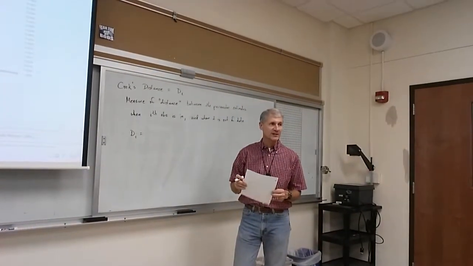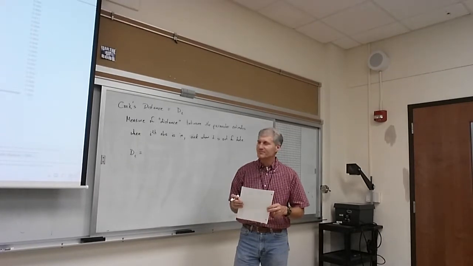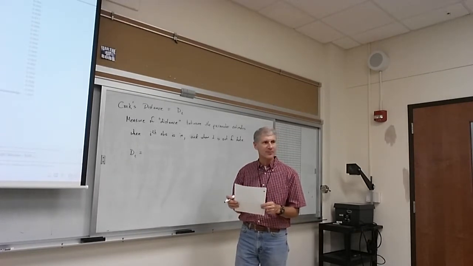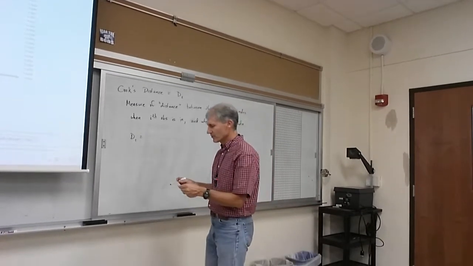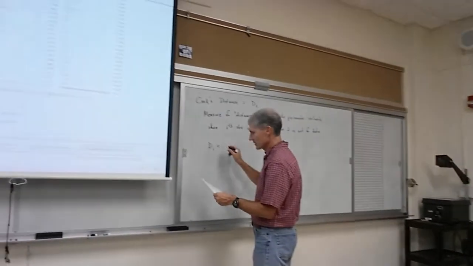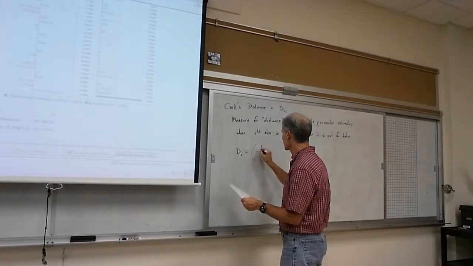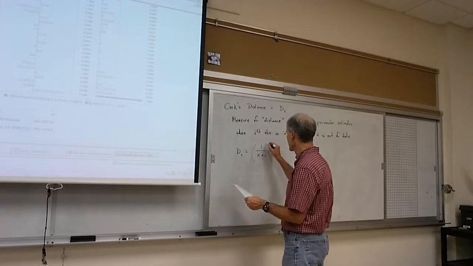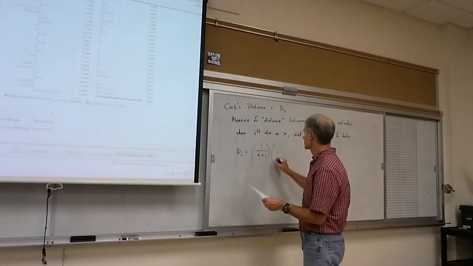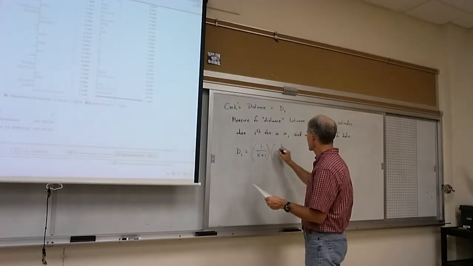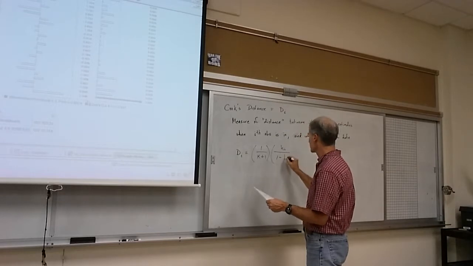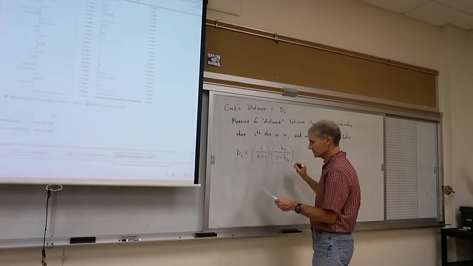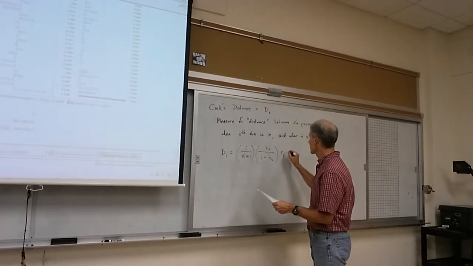And algebraically, it is a pretty nasty proof to get there, but what Cook showed was that this is equal to 1 over k plus 1 times the hat value over 1 minus the hat value times Ri squared.